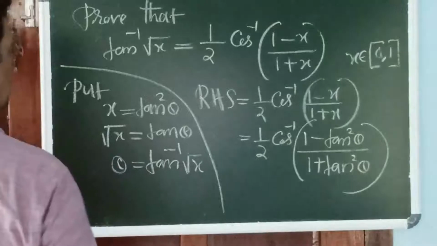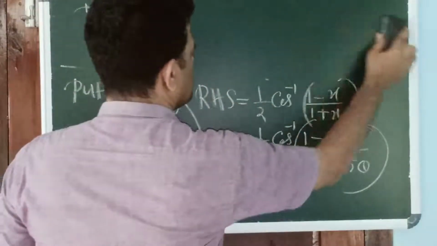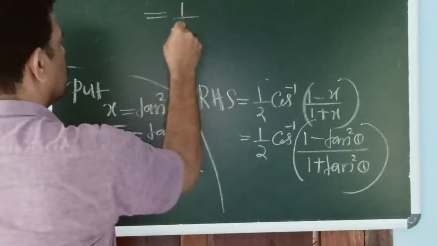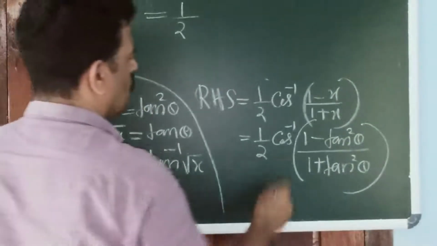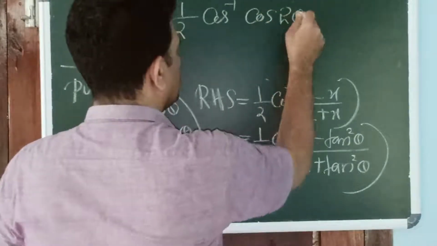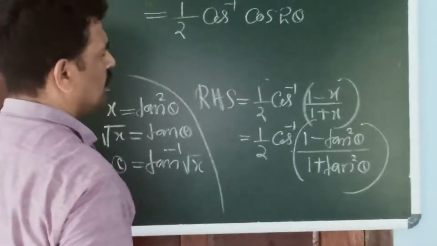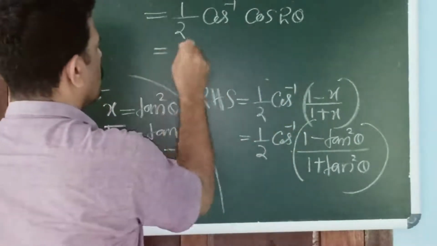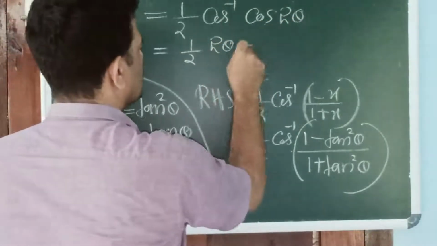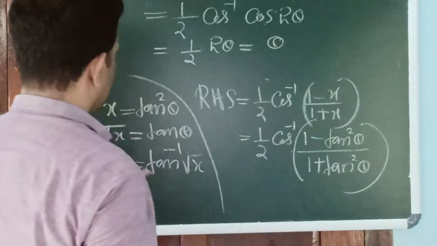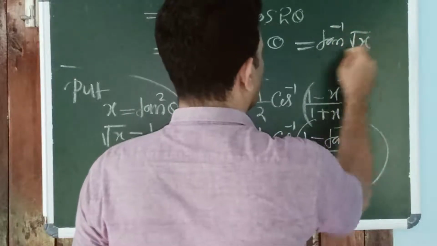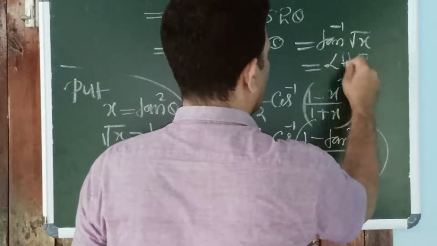That is equal to 1 by 2 into cos inverse cos 2 theta, because cos 2 theta is equal to (1 minus tan square theta) by (1 plus tan square theta). That is equal to 1 by 2 into cos inverse cos 2 theta, which means 2 theta. That is theta. Theta is tan inverse root x. That is equal to the left hand side of the problem.